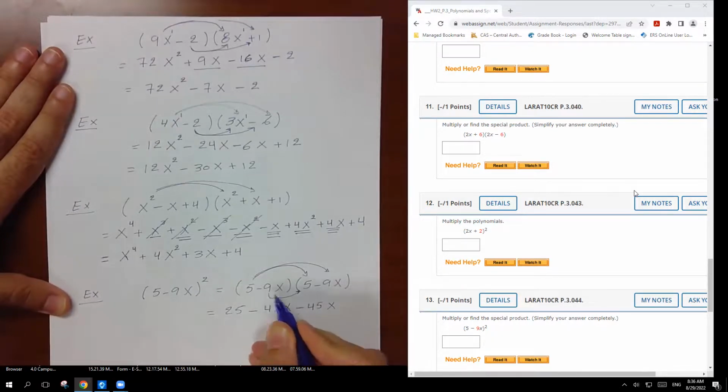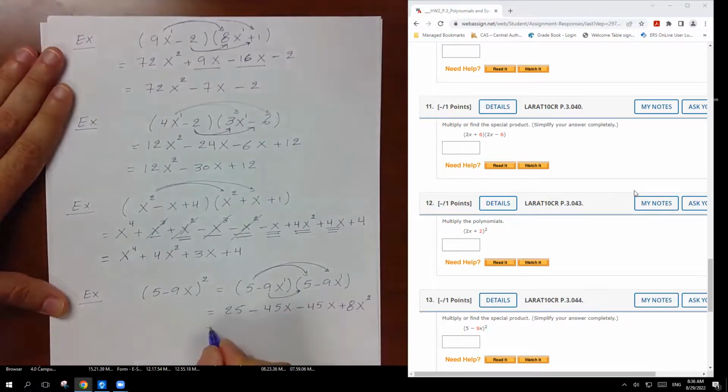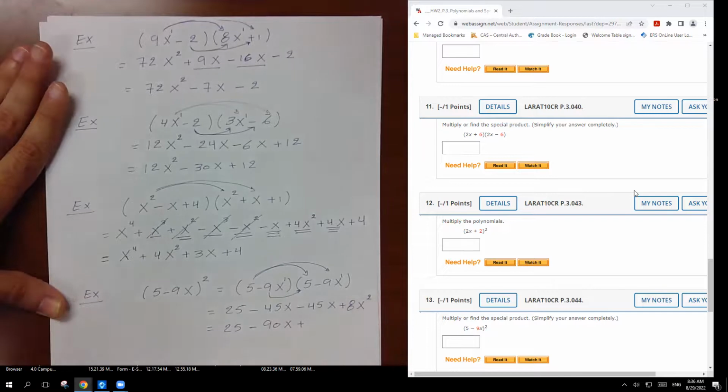Now negative 9 times negative 9 is going to be positive 81. And here 1 plus 1 is going to be 2. Now the result is going to be combining the like terms. So it's going to be 25 minus 90x plus 81x squared.